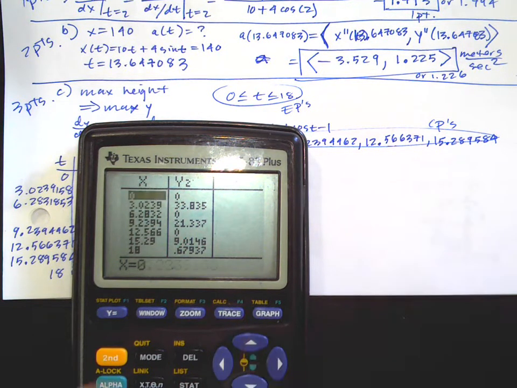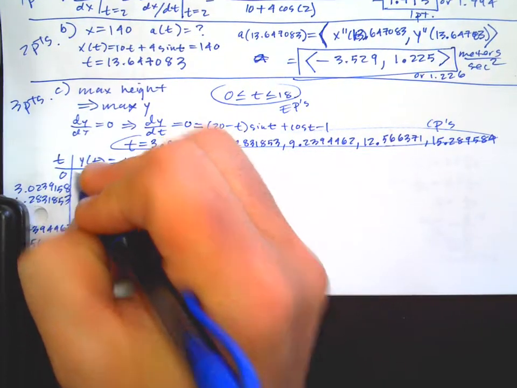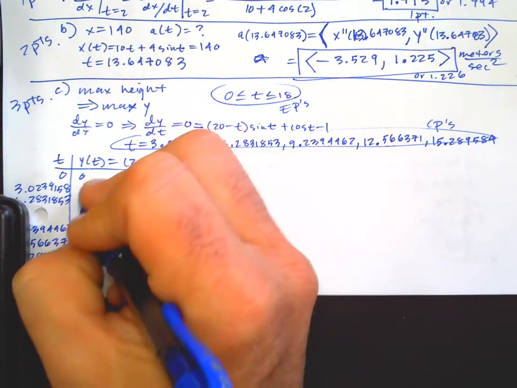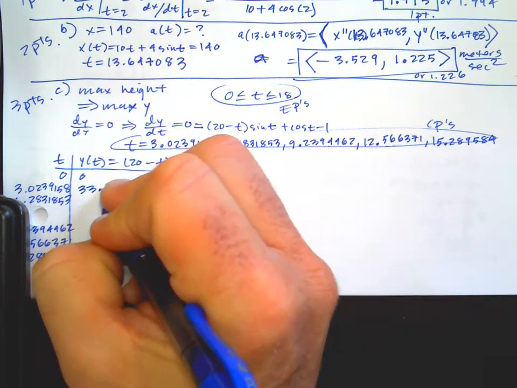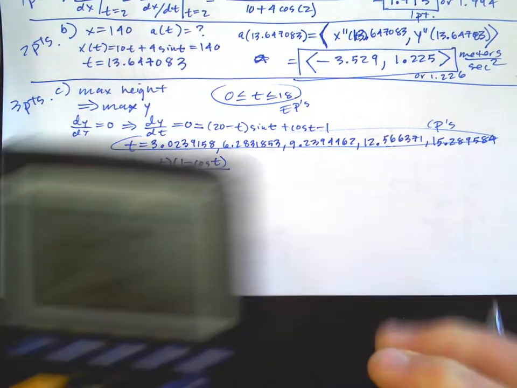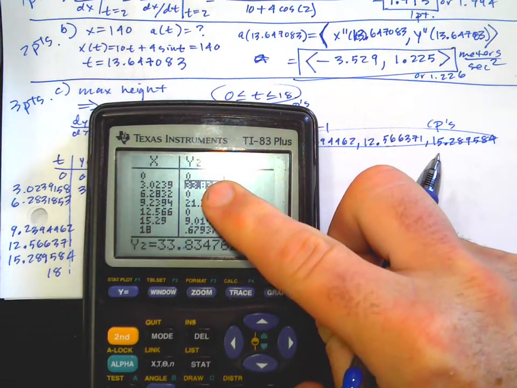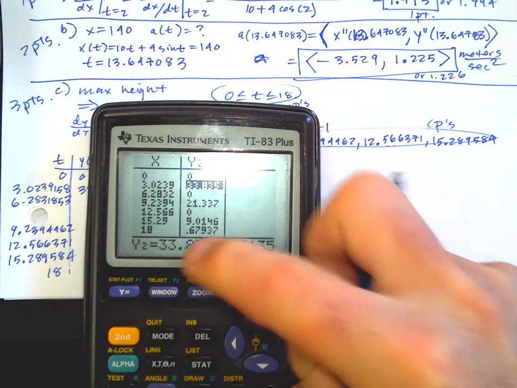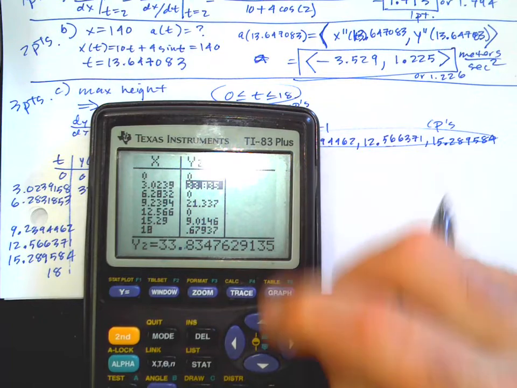Okay, now I'm going to write these down here. I want more than 3 decimal accuracy. 33.834762. If you look at what it displays, it rounds it, which you might not want yet. So if you highlight it, it shows you a more accurate version there.